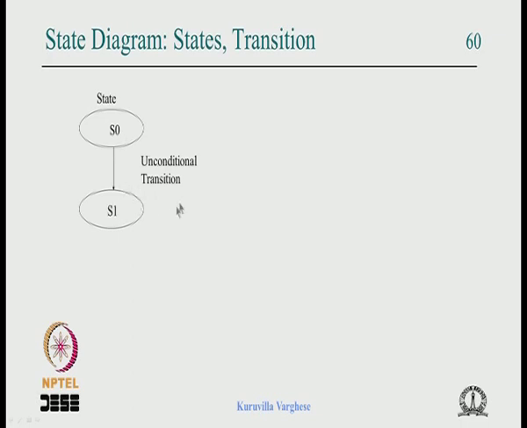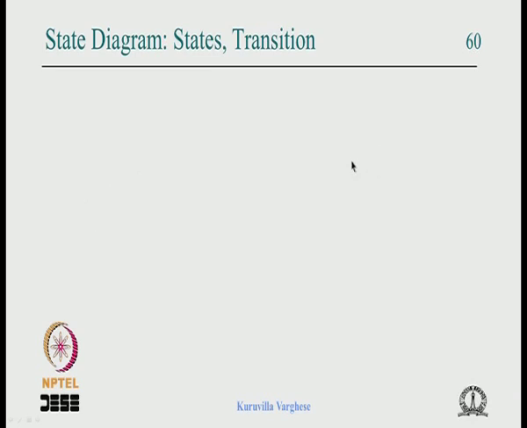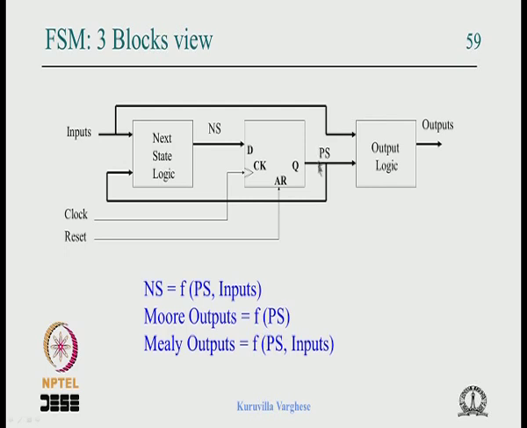Like unconditional transitions, there are conditional transitions. That means the state machine's present state is some state called S0, and now there are inputs. Here, this is S0, and there are a lot of inputs. One input is called enable. If enable is 0 the next state is decoded as something, and if enable is 1 for the present state, the next state is decoded as something else. Depending on the input value the next state changes, and upon the clock the present state becomes the next state.